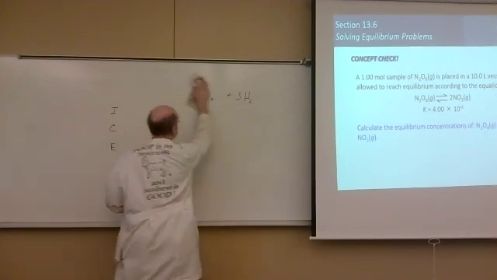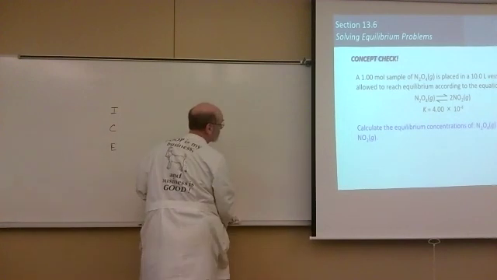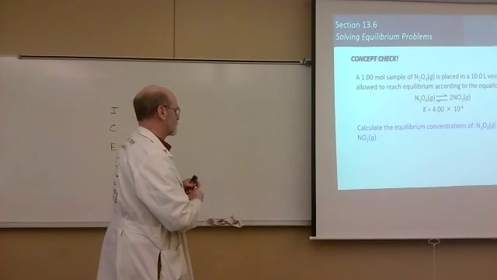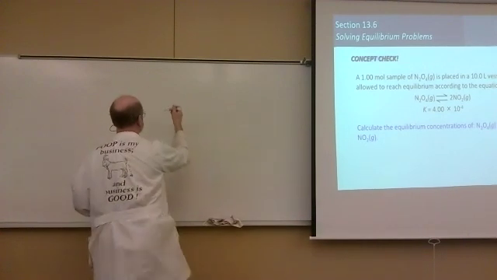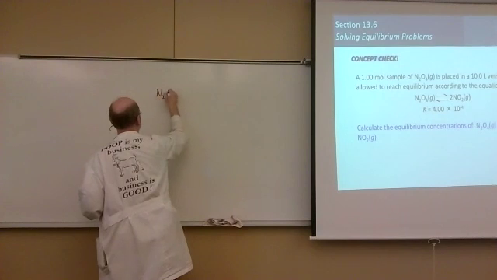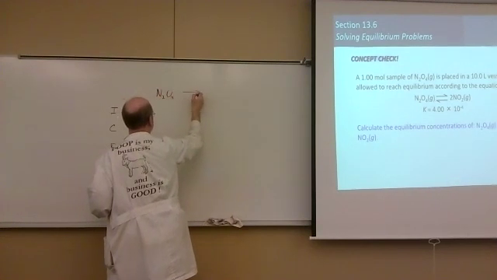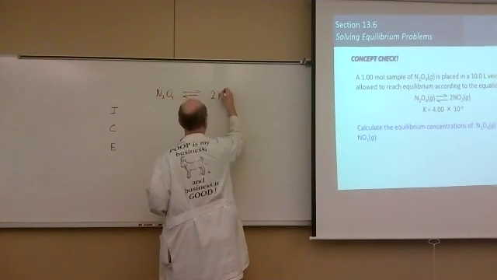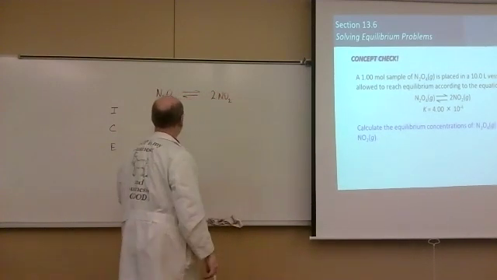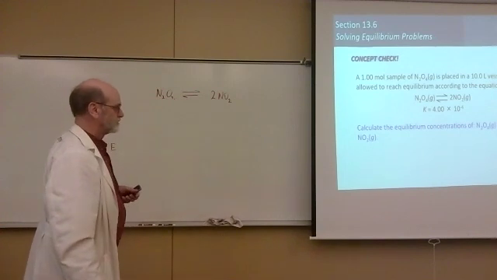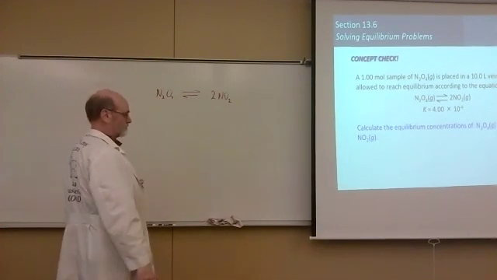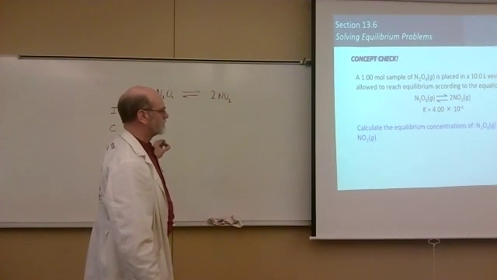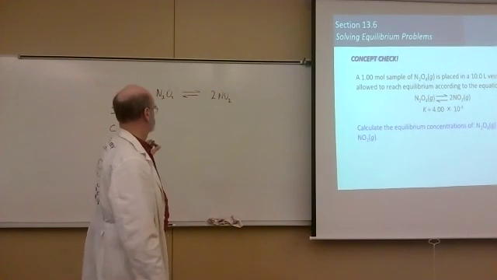We need a new equation. N2O4, dinitrogen tetroxide, and NO2. That looks like it's balanced. So we have 1 mole sample in a 10-liter vessel.